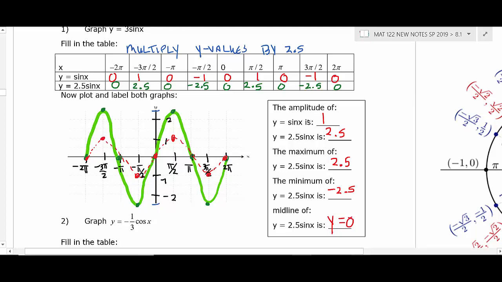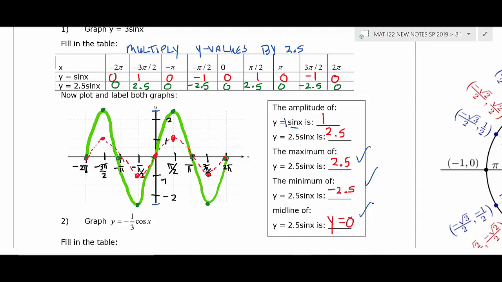And then you would fill out the amplitude of a sine. A basic sine has an amplitude of 1. 2.5 sine has an amplitude of 2.5, max and min, and then the midline. Okay, midline is y equals 0 unless you have what's called a vertical translation, which we'll look at later.